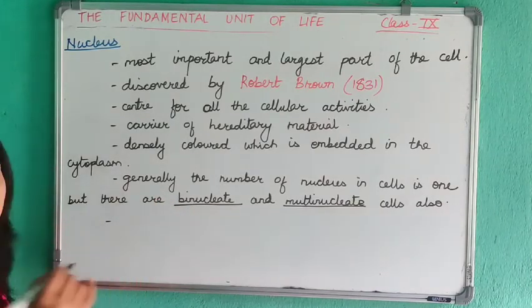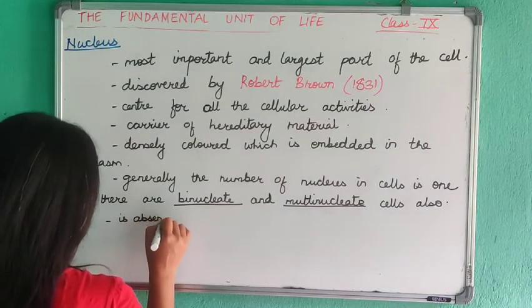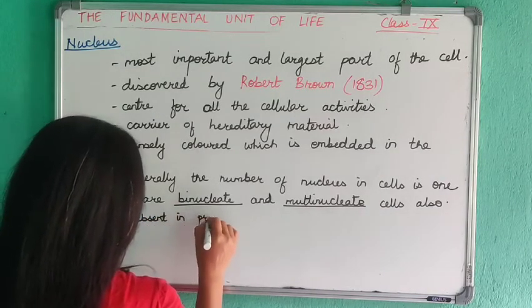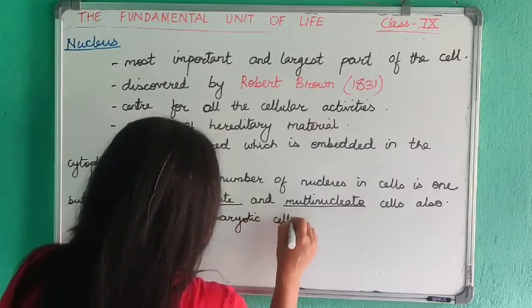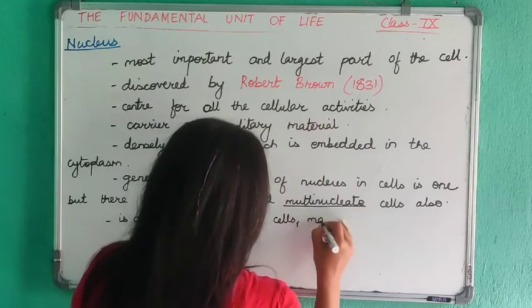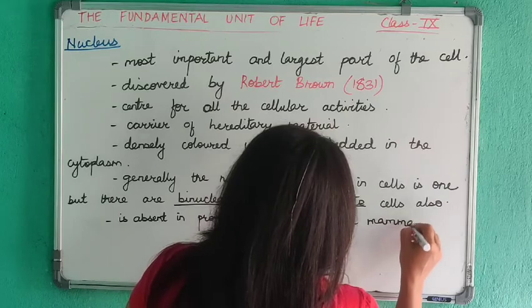Now, nucleus is absent in prokaryotic cells. It is also absent in matured mammalian RBCs.